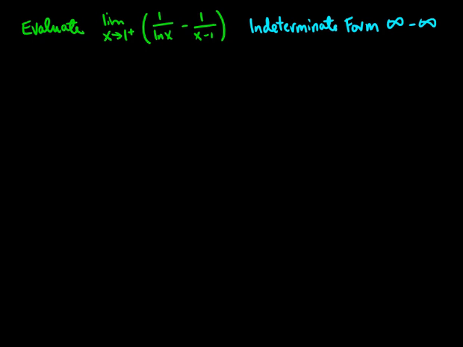Okay, in this final video introducing L'Hopital's rule, we're going to look at the limit as x approaches 1 from the right of 1 over ln of x minus 1 over x minus 1. If we plug in values of x as they approach 1 from the right, we see that natural log of x is approaching 0, so we get 1 over 0, which is infinity.